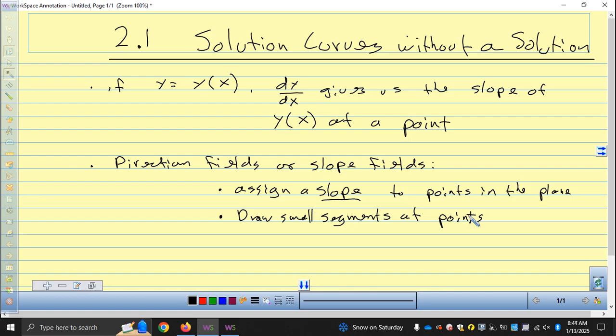The segments have the slope that we're assigning to that point. The book calls those segments lineal elements.